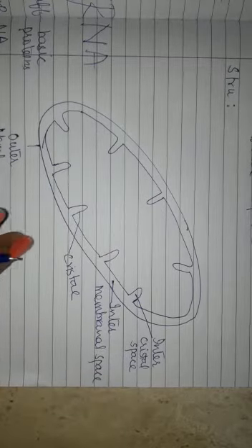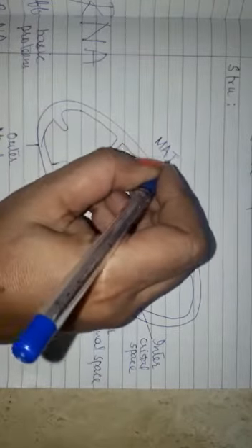The space bounded by the two membranes, this whole space inside the mitochondria, is called the matrix.